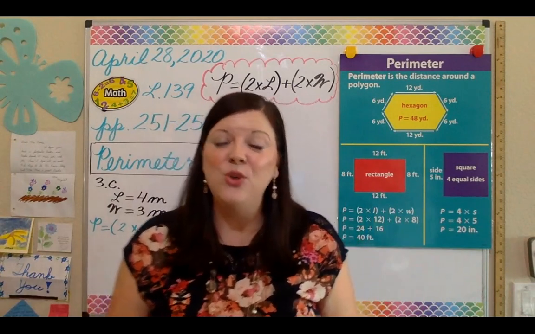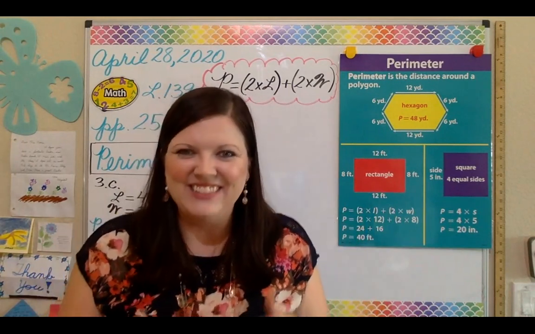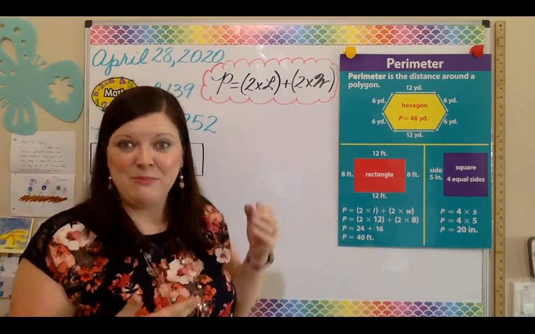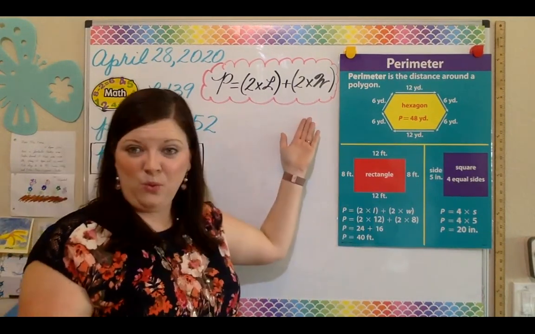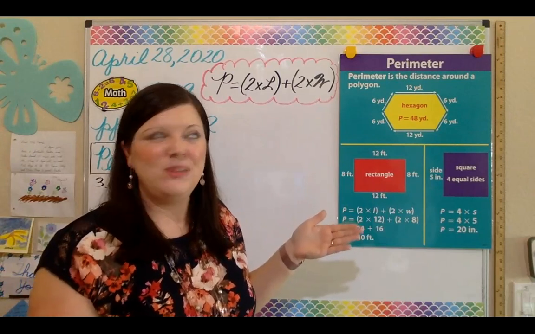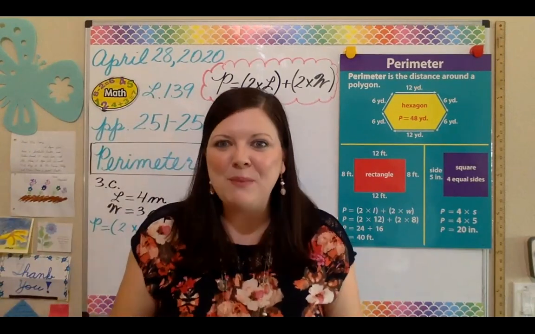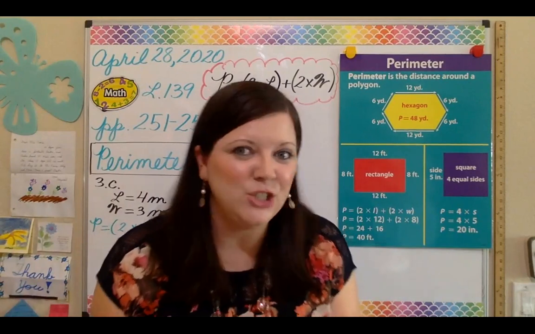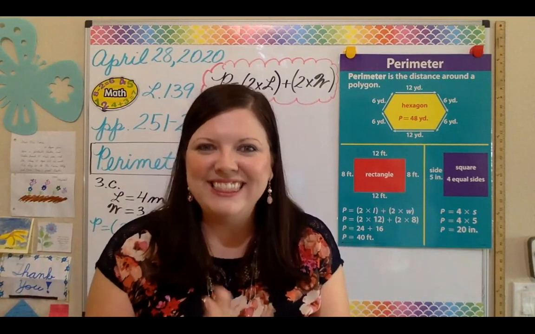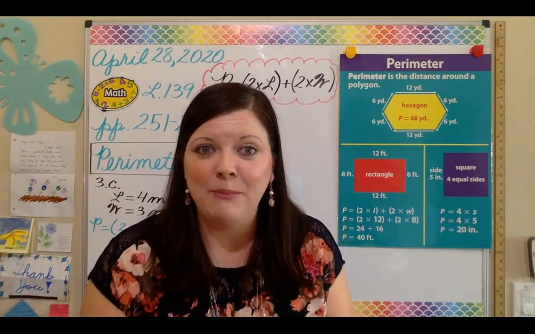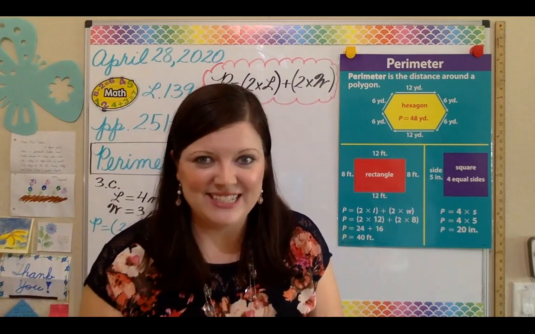For a rectangle, the widths are exactly the same. So we're taking the lengths, multiplying it by 2, and we're taking the width after we've multiplied it by 2, and we're adding it all together. Open up your books to our page for today, page 251, and let's do this first one together. But stay tuned, I'm going to have a song to teach you in today's lesson.